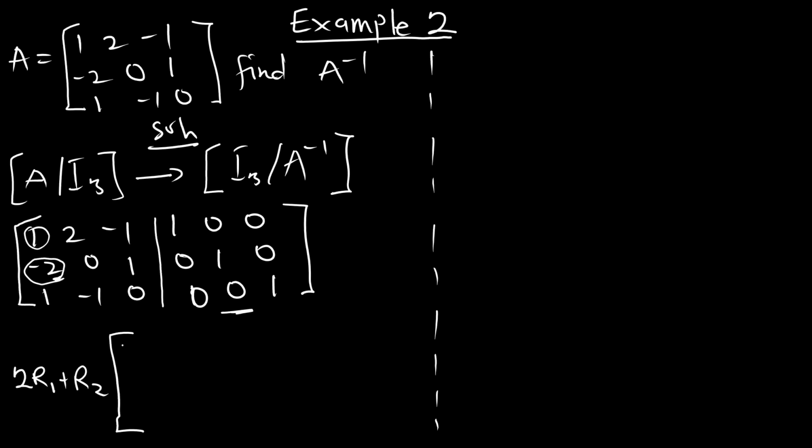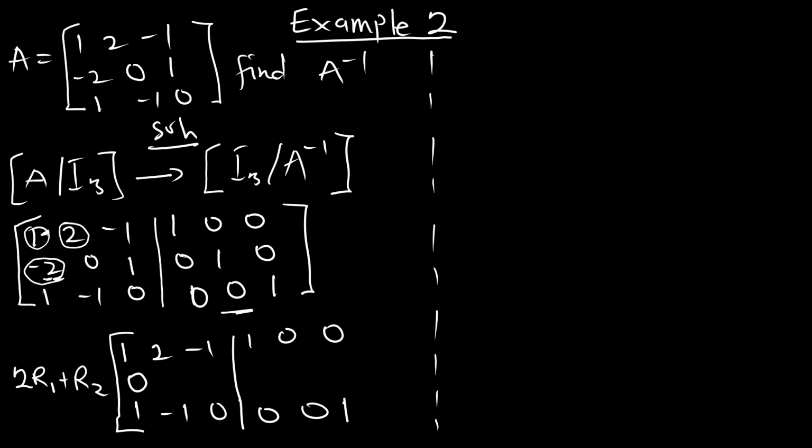Meaning row 1 is going to be the same: 1, 2, negative 1, 1, 0, 0. Row 3 will be the same: 1, negative 1, 0, 0, 0, 1. But row 2 is going to change. So 2 by 1 plus negative 2, and that is going to be 0. 2 by 2, which is 4, plus 0, that is going to be positive 4. 2 by negative 1, negative 2, plus 1, and that is going to give us negative 1.